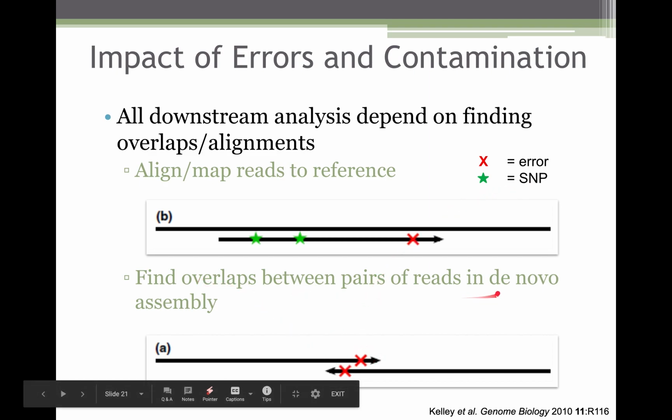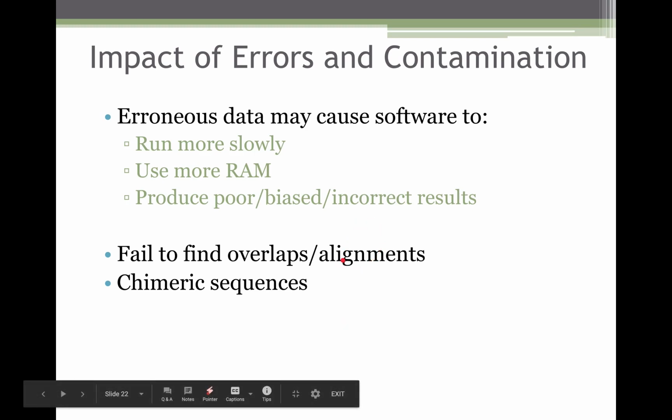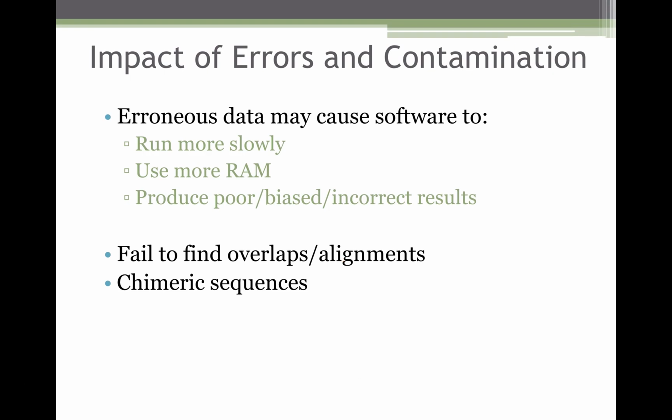Especially in the case of de novo assembly, we rely on overlap at the ends of the reads, and because of errors, you may miss out on actual overlap between the reads. Errors may also cause the software to run slowly, require more memory, and produce incorrect results.